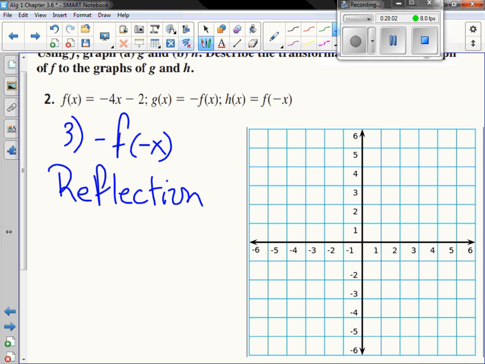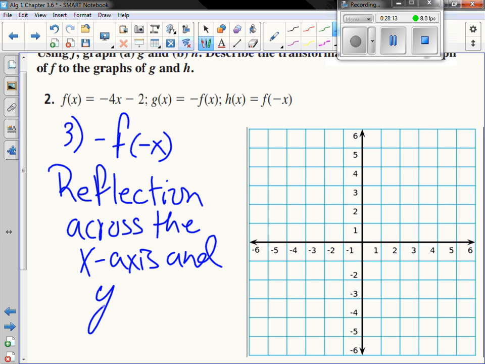The negative outside tells me it's across the x, the one inside tells me it's across the y. There's nothing wrong with having both. We can have a reflection across the x and y axis. We can also have vertical and horizontal translations and reflections across the x and y. We can have all four.